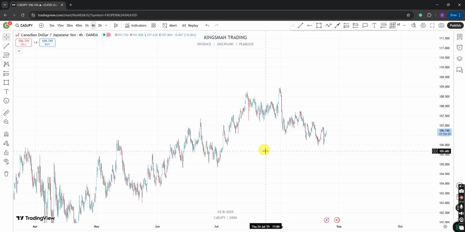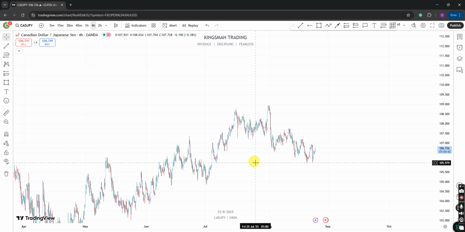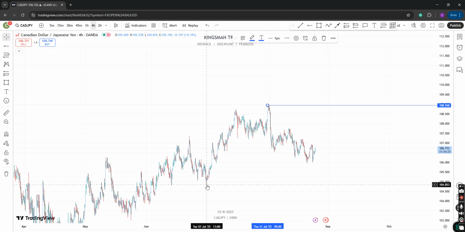So now, our current structure on the 4 hour time frame is going to be the swing high, the swing high, and this swing low.